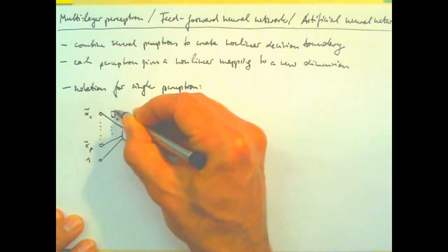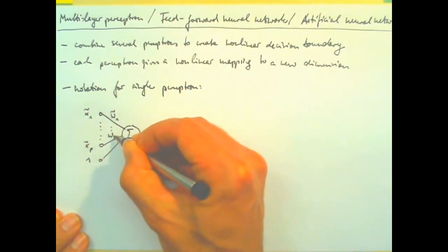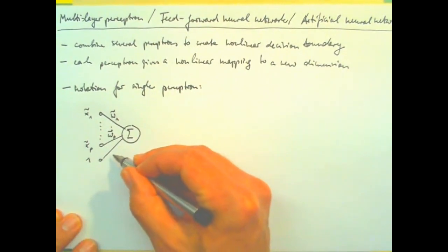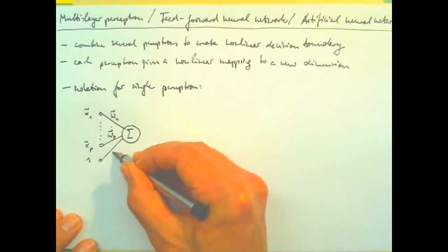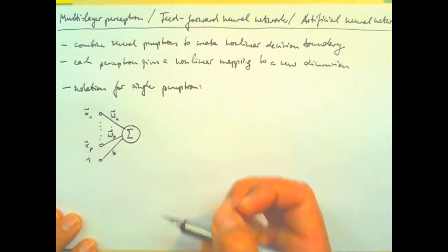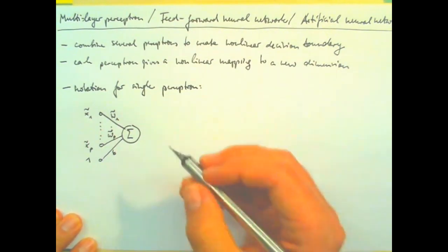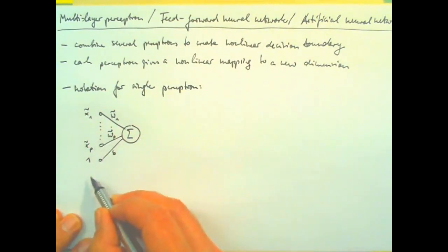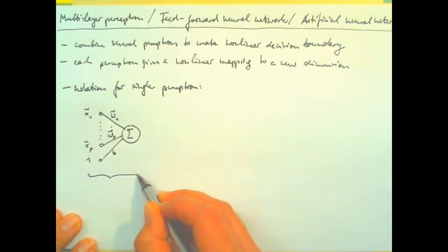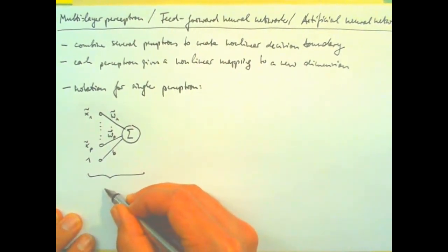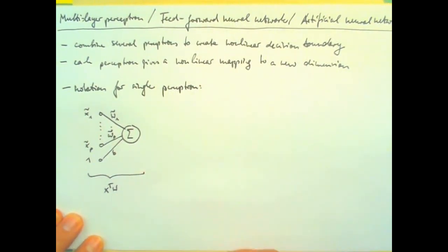So this is W1 tilde, WP tilde, and down here my bias. So this thing here is just a complicated way of writing the inner product X transpose W.